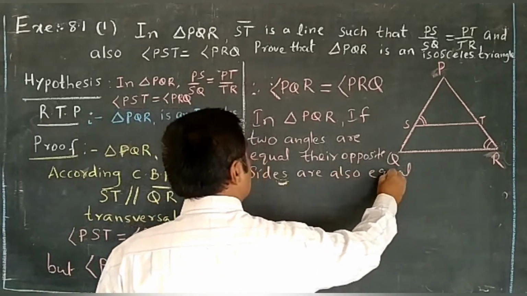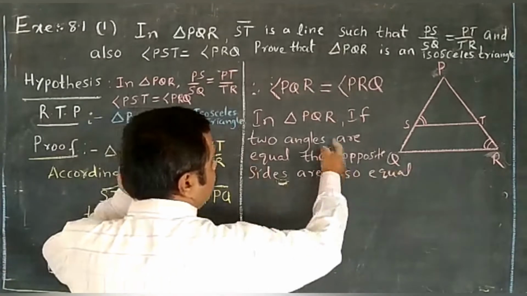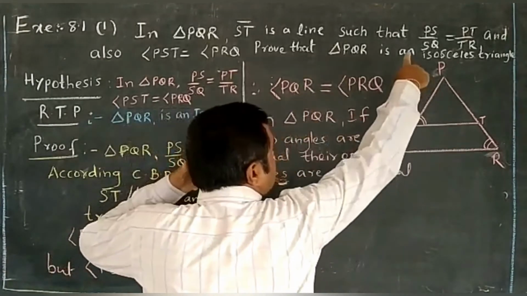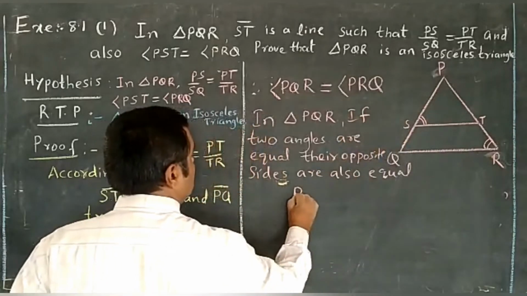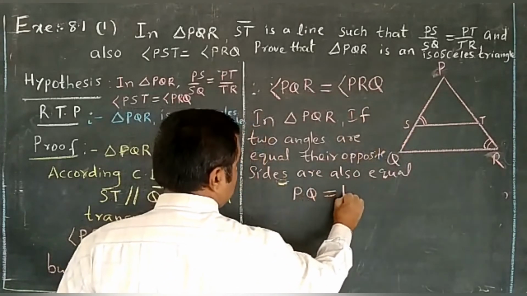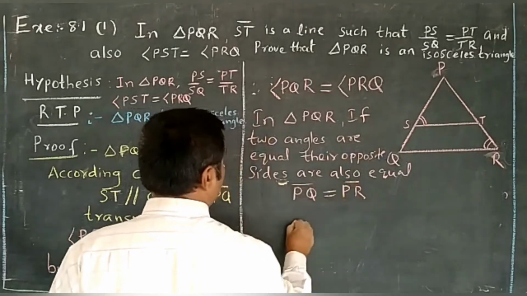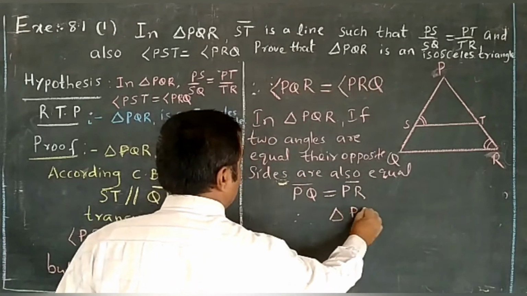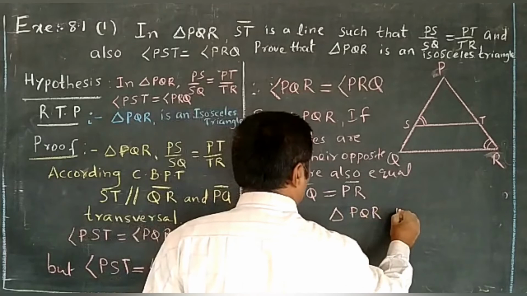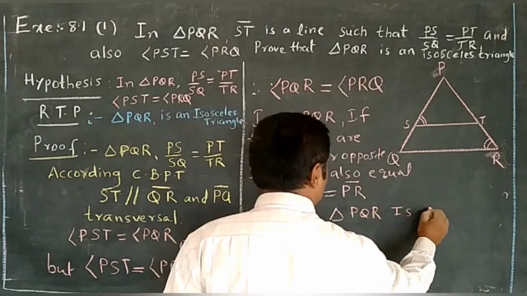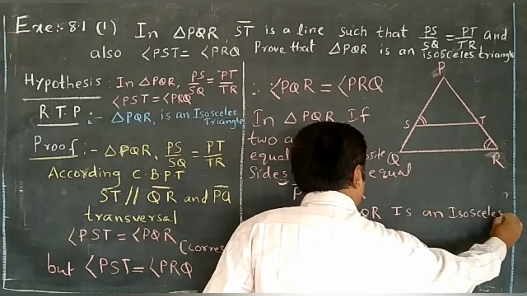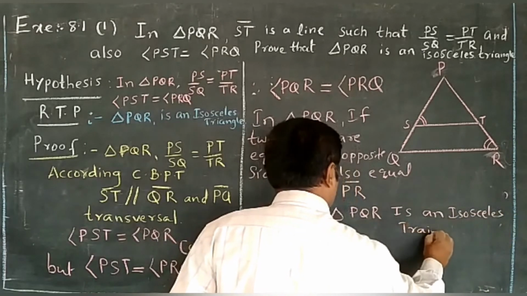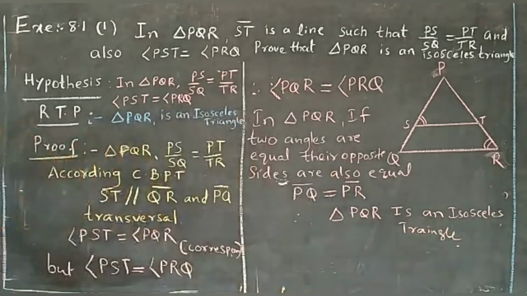What are the opposite sides here? Opposite to angle PQR is PR, and opposite to angle PRQ is PQ. So PQ is equal to PR. Therefore, triangle PQR is isosceles. Hence, proved. Have you understood clearly, children? This is the first question.